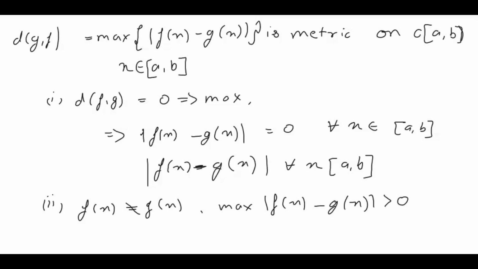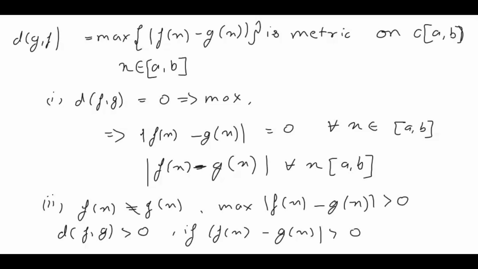Since d(f, g) is greater than 0, if |f(x) - g(x)| is greater than 0.